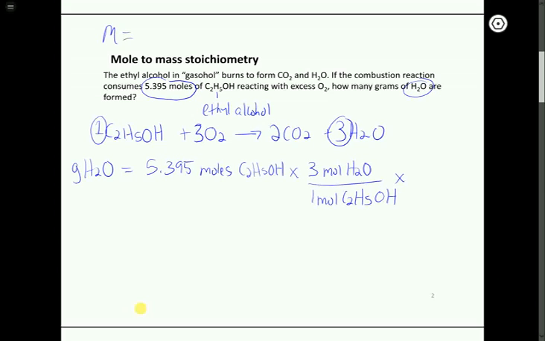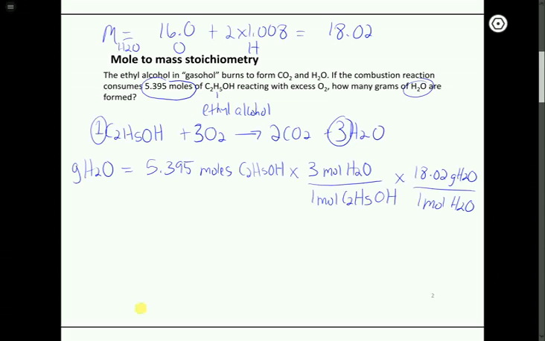So the molar mass of water is 16.0, which is the atomic mass of oxygen, plus 2 times 1.008, which is the atomic mass of hydrogen, and that gives us 18.02. That's one we'll see a lot, so if you convert now into grams, 18.02 grams of water per 1 mole of water.